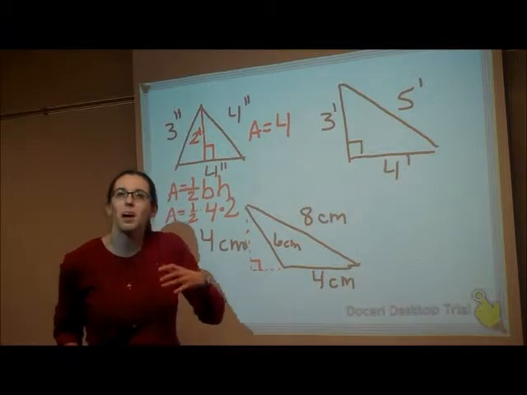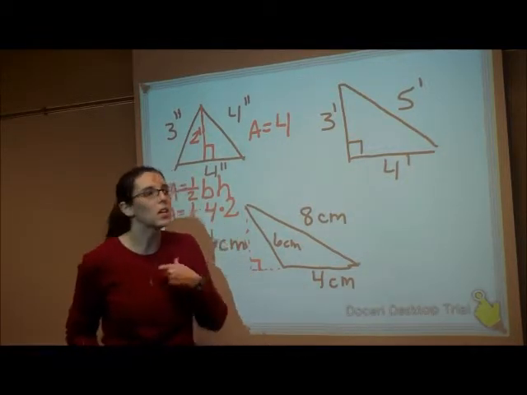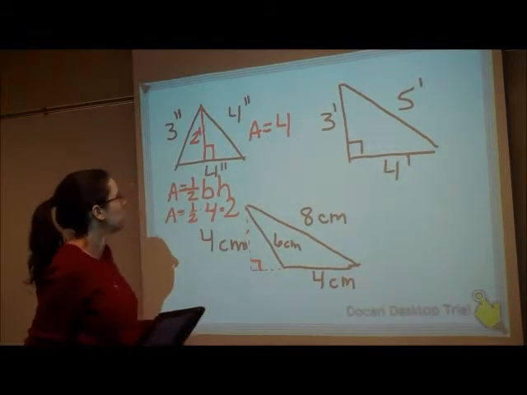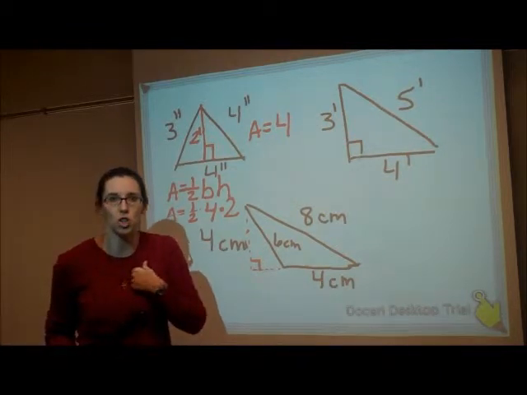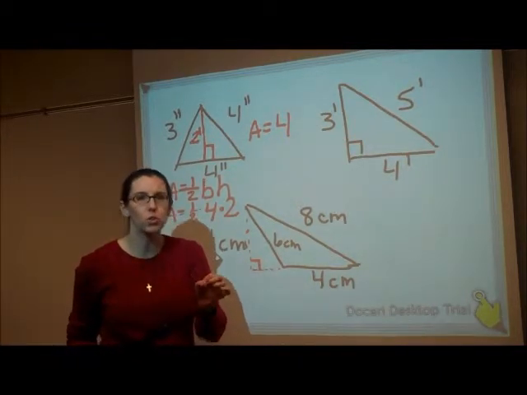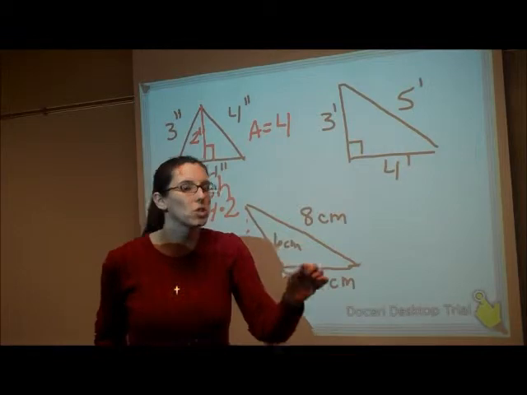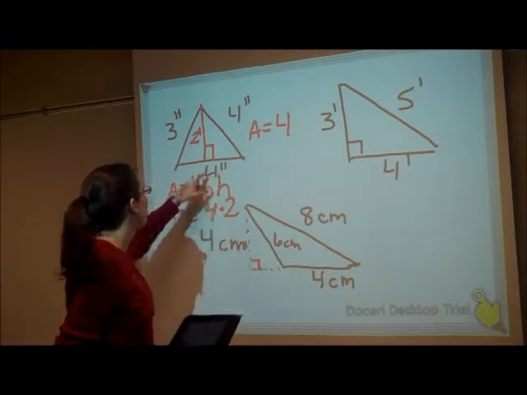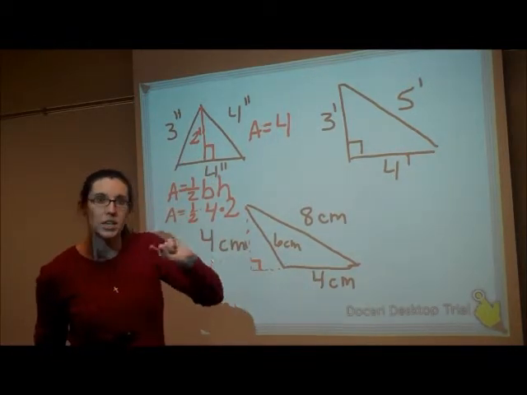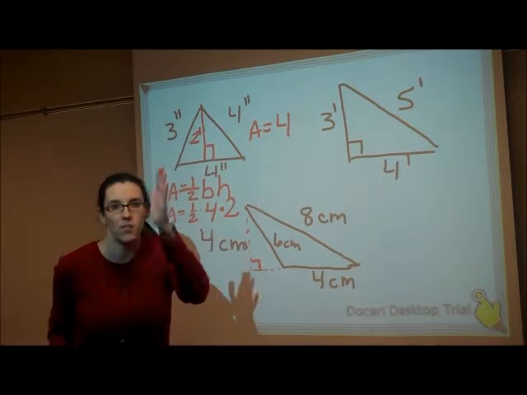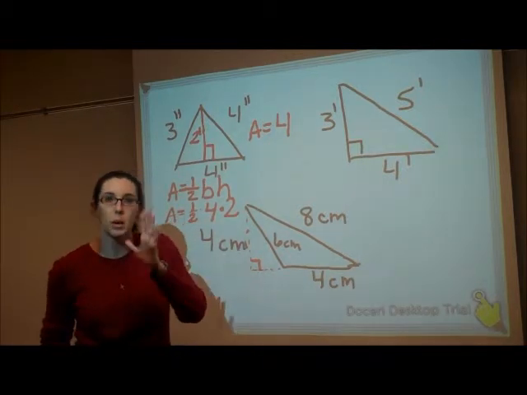Area is talking about how much it takes to cover something. So think of wrapping it in wrapping paper. That's two-dimensional. Or if I would give you graph paper, how many little squares would you need? How many squares that are inch by inch? Or squares that are a foot by a foot? Or squares that are 1 centimeter by 1 centimeter?